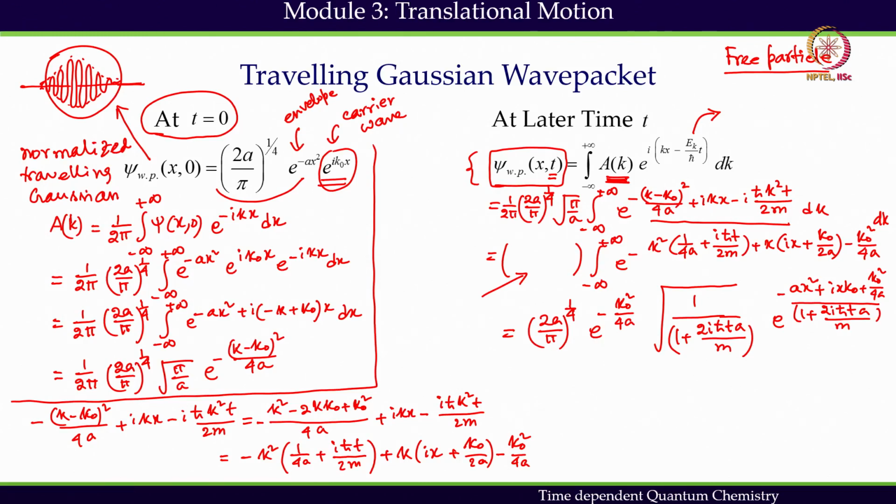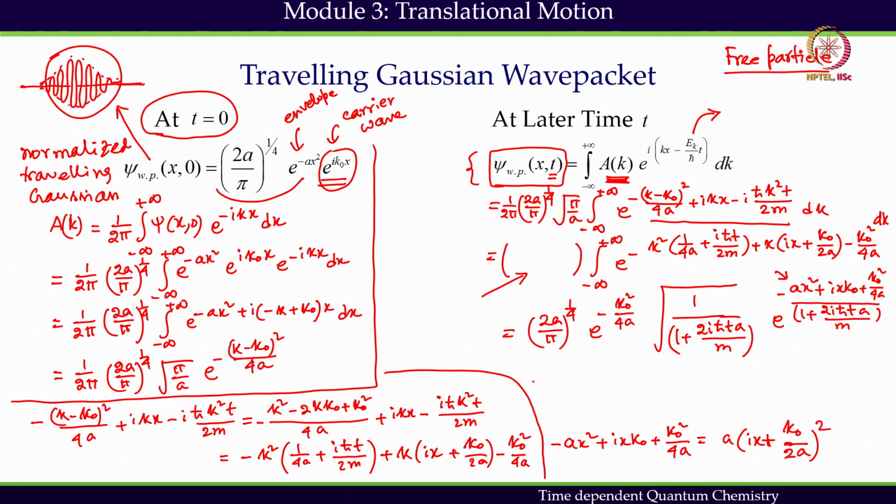And if we have this exponential function, then this part, minus a x square plus i x k naught plus k naught square divided by 4a, can be written as a multiplied by (i x plus k naught by 2a) whole square.